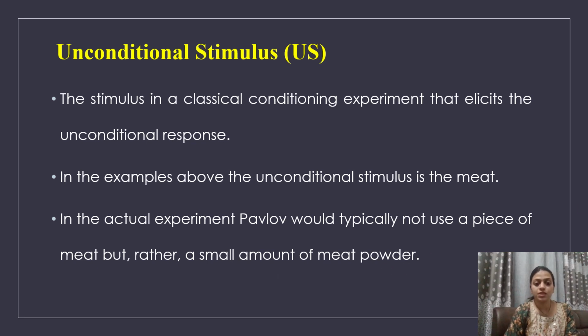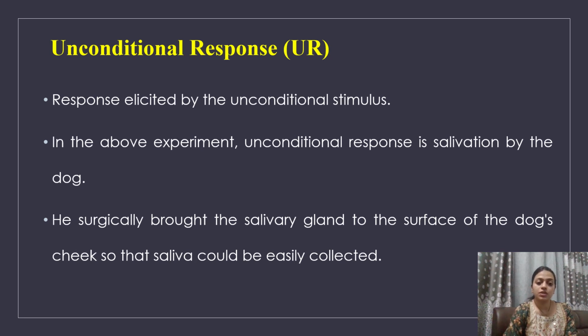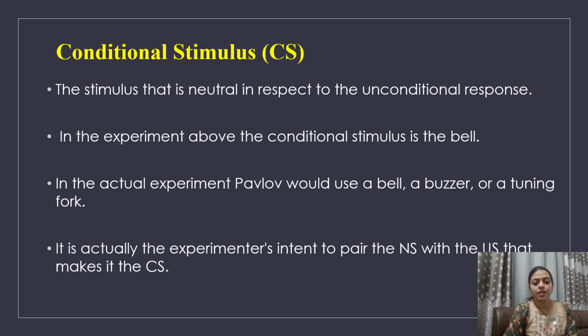The unconditional response elicited by the unconditional stimulus, in this experiment, was salivation. He had surgically brought the salivary glands to the surface of the dog's cheek so that it was easier to collect the saliva.